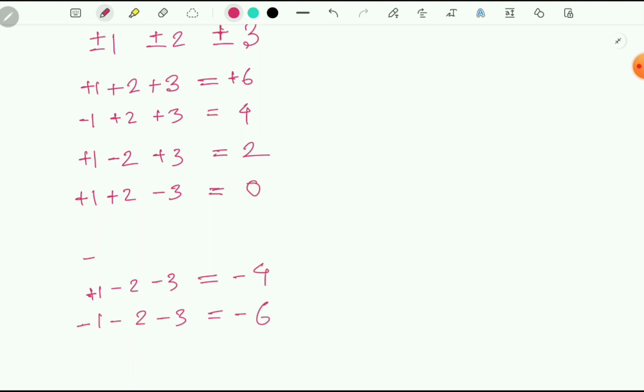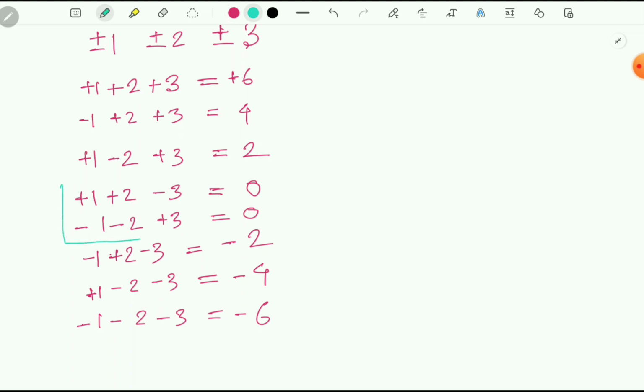We can again do it, and it gives us negative 2. And then another number we can write, that is negative 1, negative 2 and positive 3. It gives us 0.